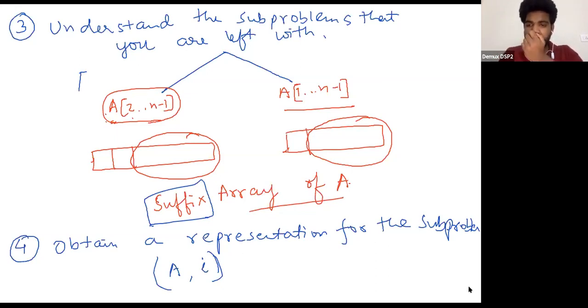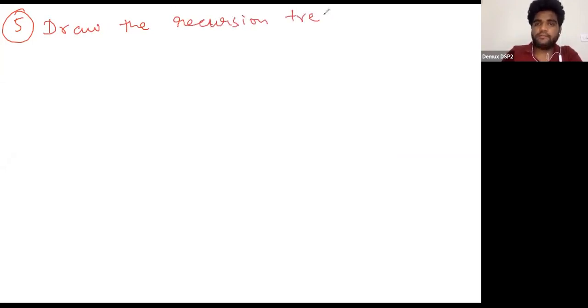Now after this, what you could do is draw the recursion tree. So that's the 5th step. Let's see the recursion tree for this, and we will try and formulate it better. So what was the recursion tree?